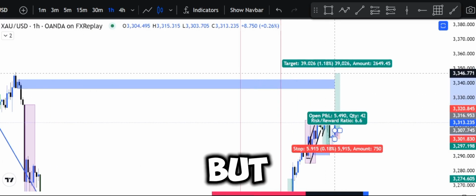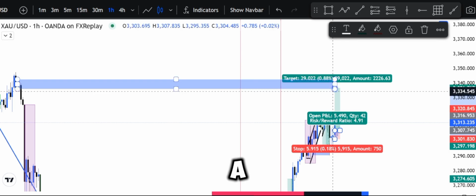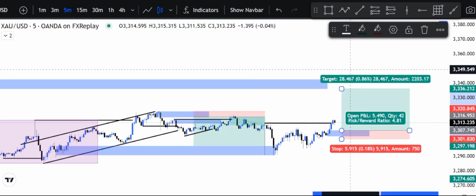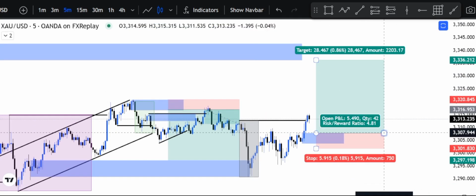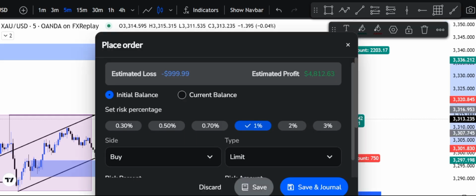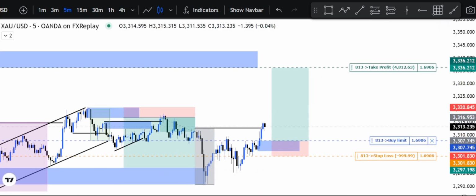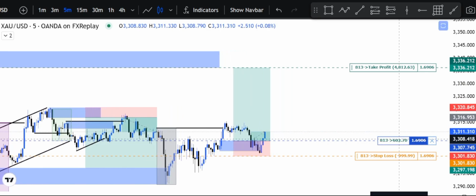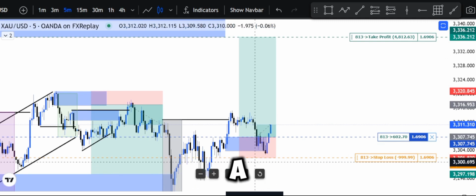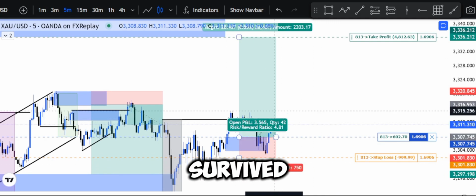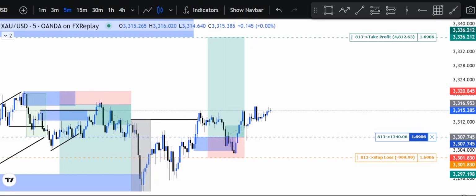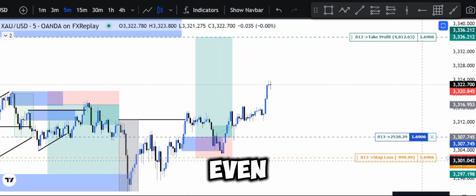I would target the high, but this one does not look like a liquidity high. Almost hit SL, but we survived. Now we can break even.